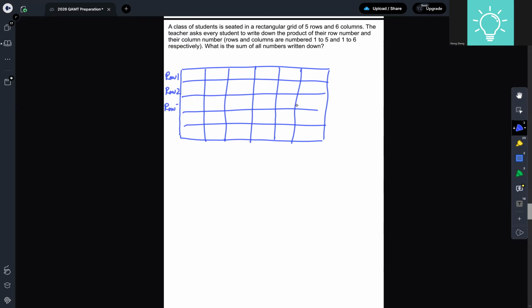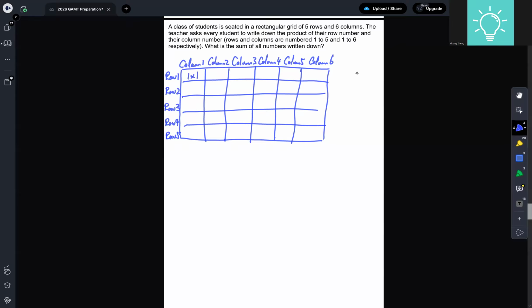The rows and columns are numbered from 1 to 5, column 1, column 2, and so on. Each student is asked to write down the product of their row number and their column number.